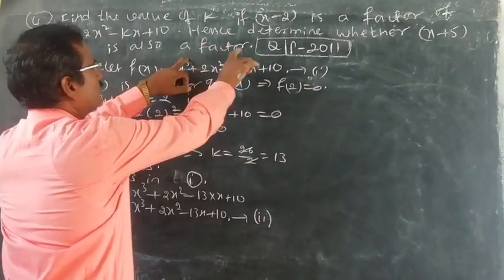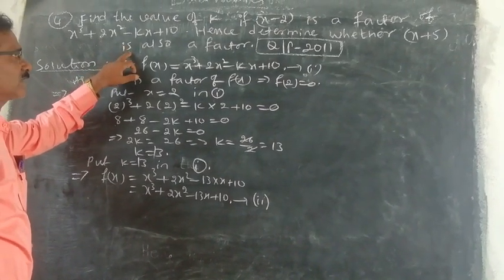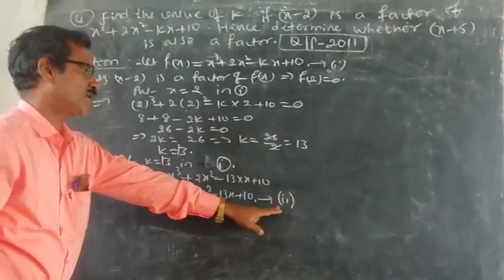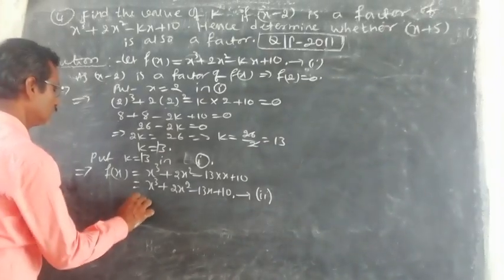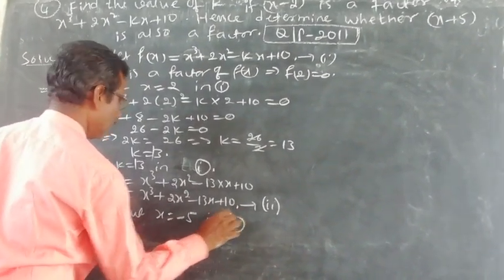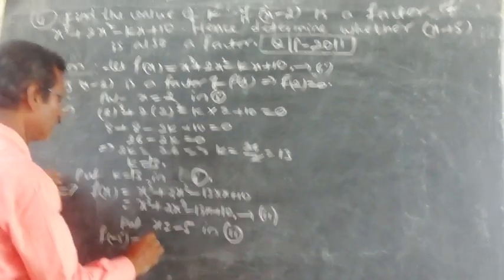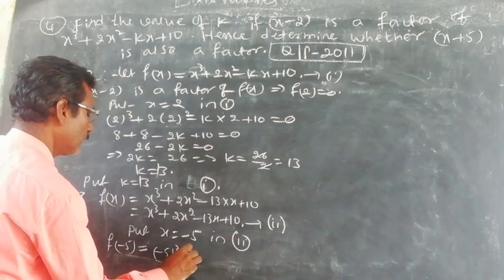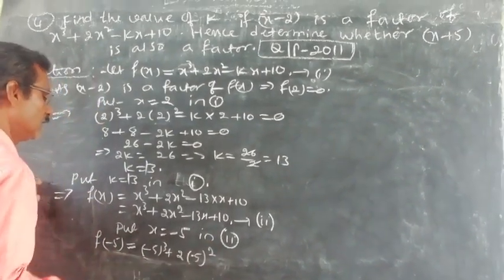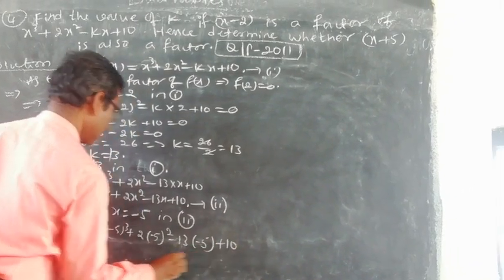Now, to test whether x plus 5 is a factor, put x is equal to minus 5 in the polynomial equation 2. That is, f of minus 5 is equal to minus 5 whole cube plus 2 into minus 5 whole square minus 13 into minus 5 plus 10.